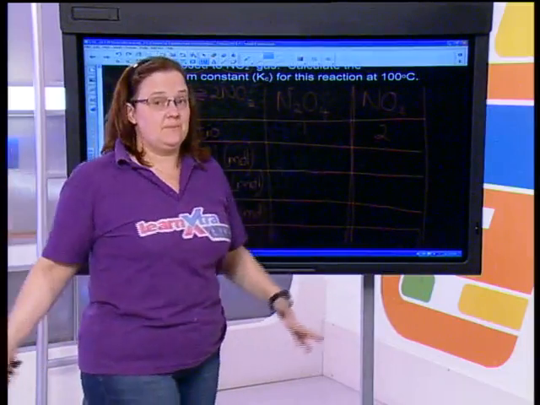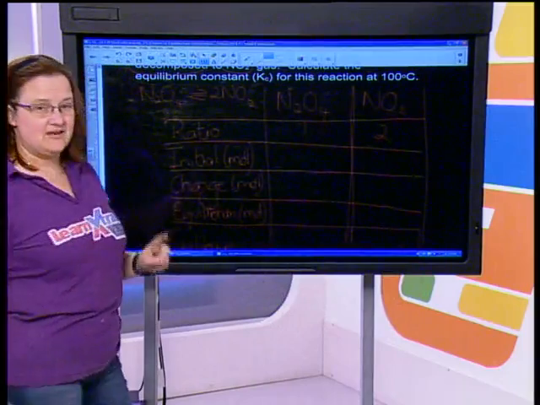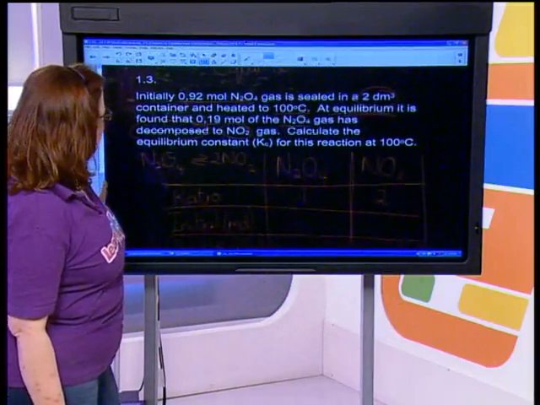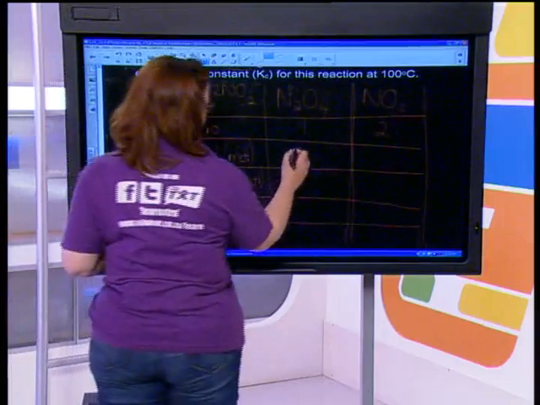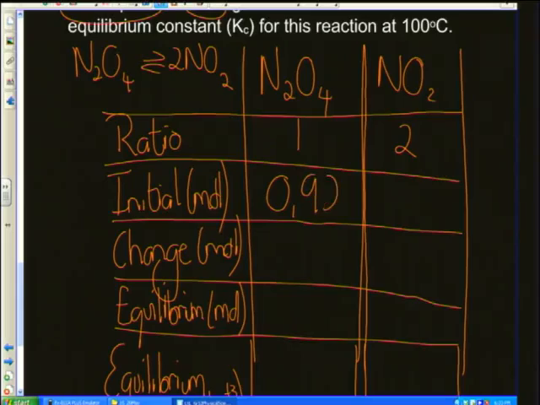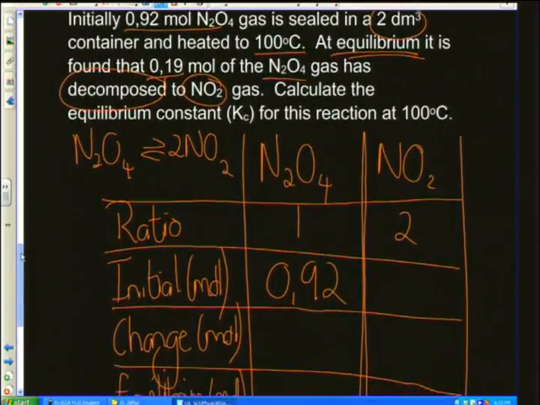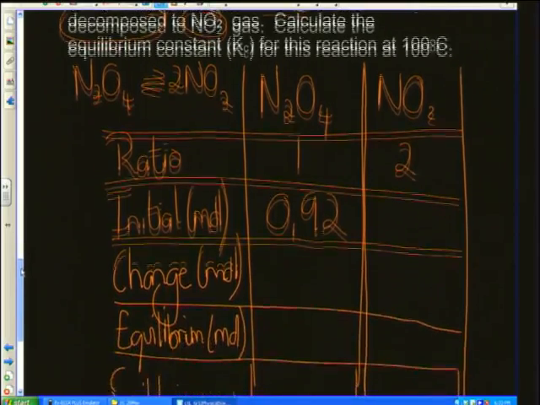Your next step is to go to the information given and write in everything you've been told. So first of all, we started with 0.92 moles of N2O4. Brilliant. They told you at equilibrium, it was found that 0.19 moles of the gas had decomposed.